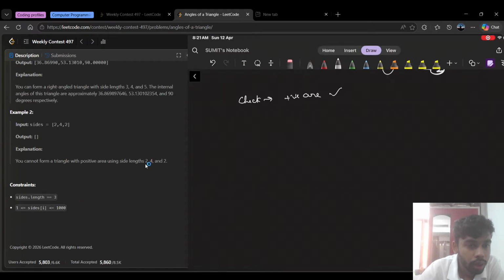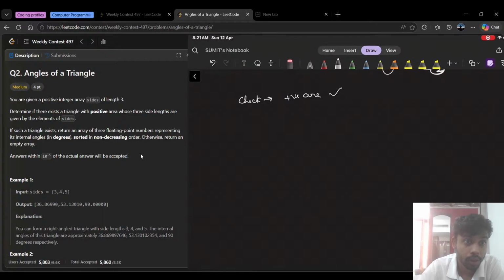Sides of length 3, sides must be, what I need to get.